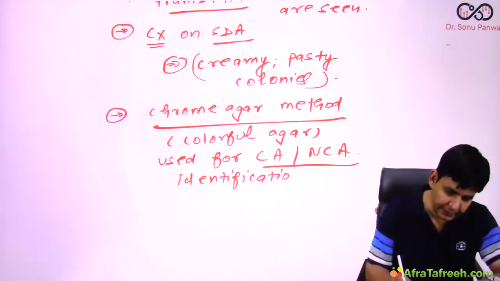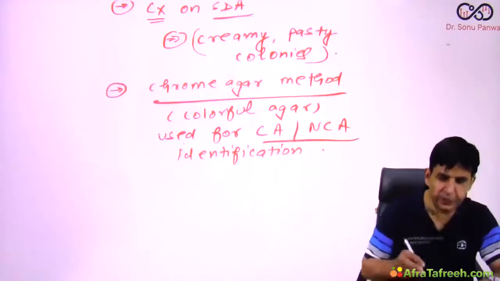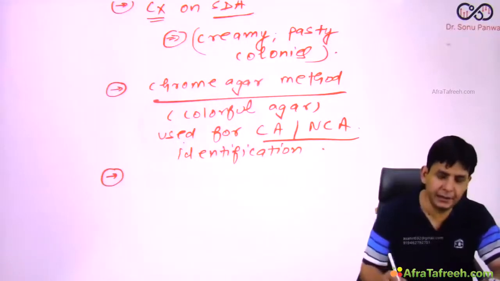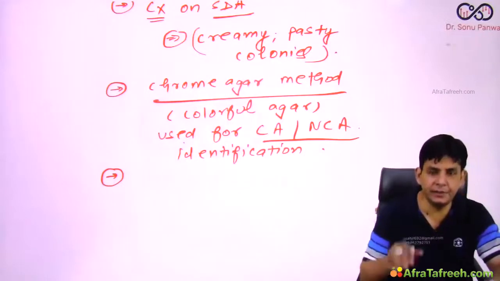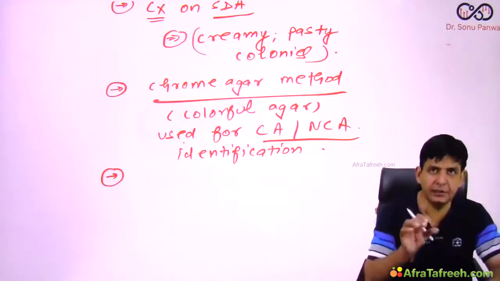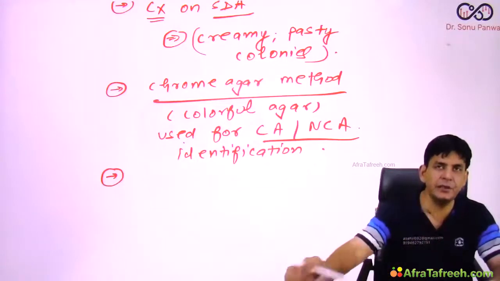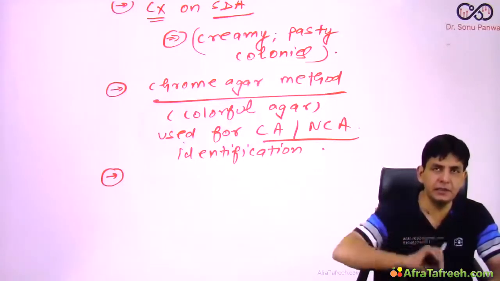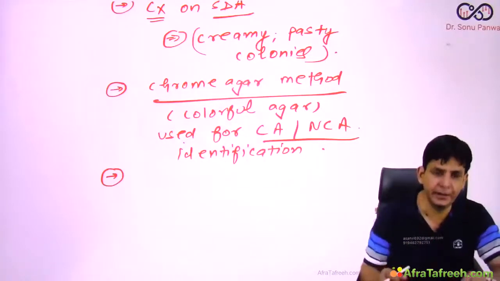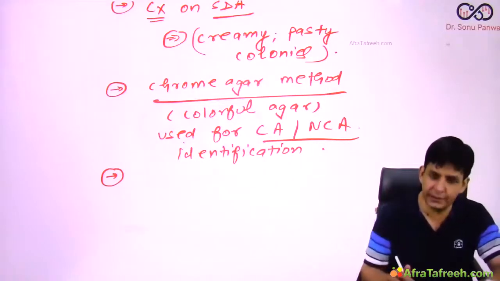So this particular name you also need to remember, chrome agar method. Chrome itself means color. Ready-made color agar is there, in which specific pamphlets are there, according to which the color which is coming up, you can find out that this is tropicalis, this is albicans, this is glabrata, this is that particular species, because that is mentioned in that particular pamphlet. That is the chrome agar method.